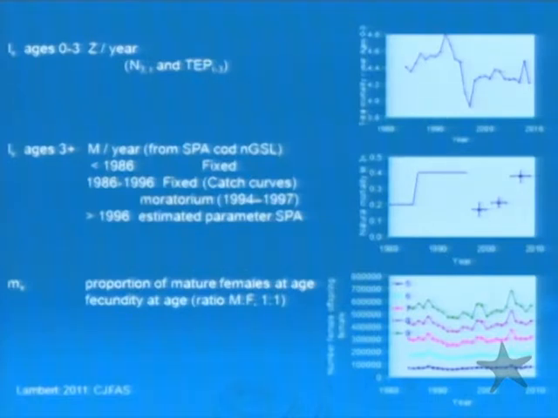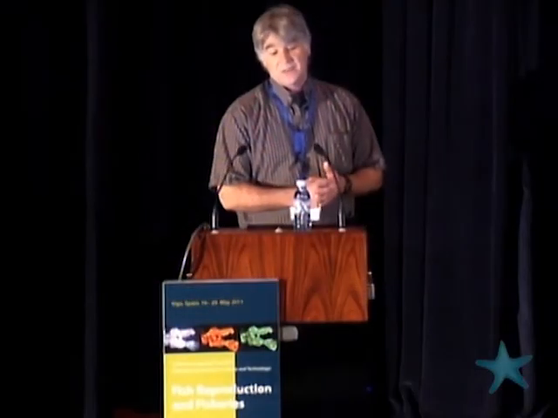For adult mortality, I used the natural mortality that is estimated from the sequential population analysis from the Northern Gulf of St. Lawrence. In that stock, before 1986, the value was set at 0.2, like it's done for most cod stocks.